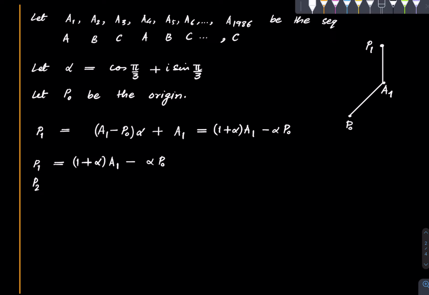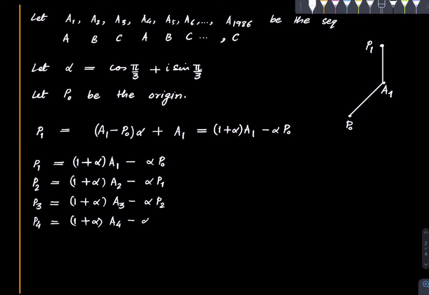And if you compute P2, it will come out to be, by the exact same logic, this. P3 will come out to be that. And so on. Maybe one more. And so on up to 1986.